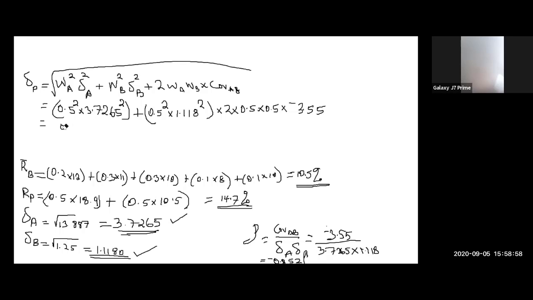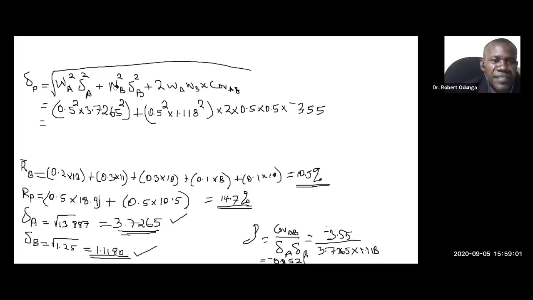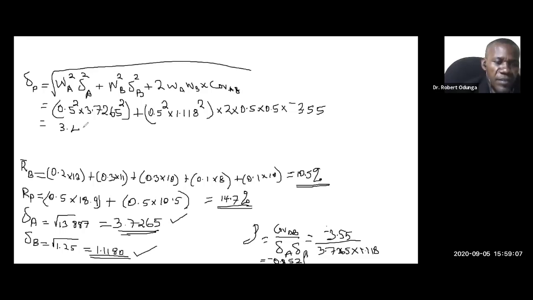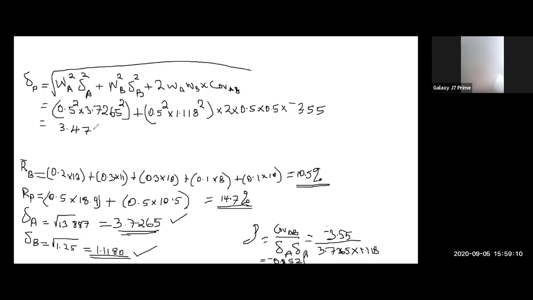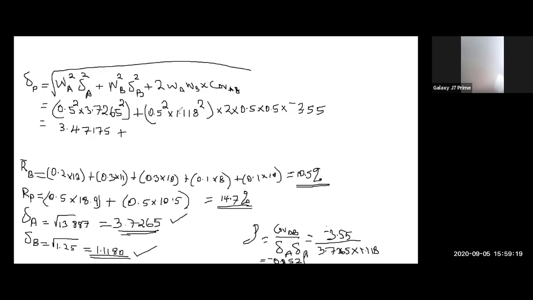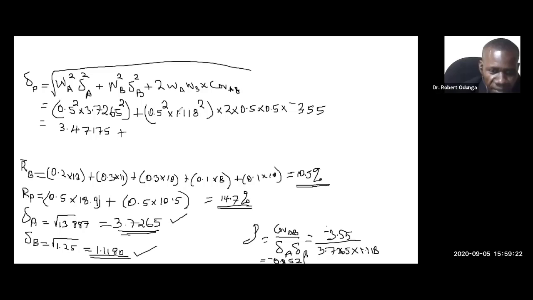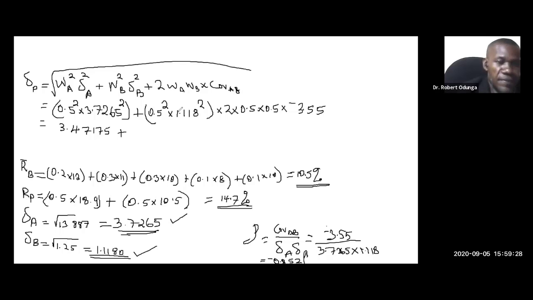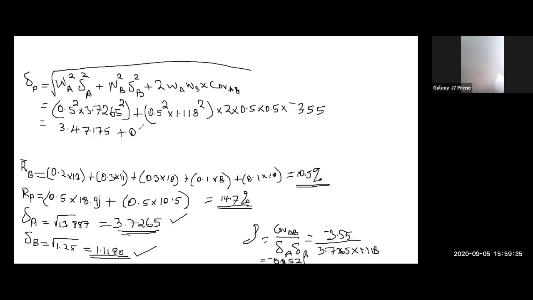So it will be plus, work out this as well: 0.25 times 1.25, which gives 0.3125.